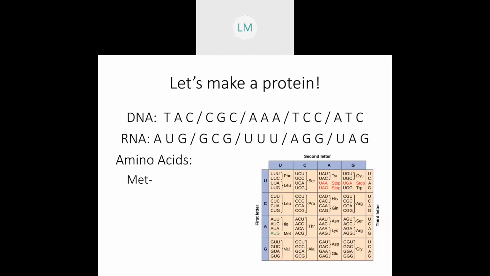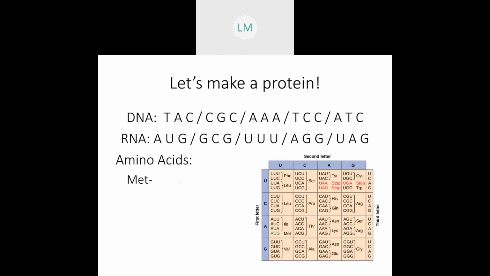That codon is in the small subunit, and then the tRNAs that are floating around, attached to the amino acids, have the anticodon, which has the opposite letters. So the anticodon for this would be UAC. A UAC is going to be anchored to that amino acid. That's how it's going to come in and sit in that large subunit. And then we're going to get that series of amino acids.